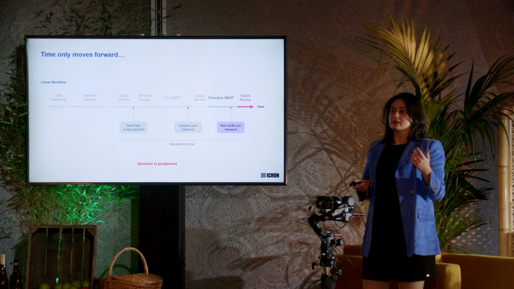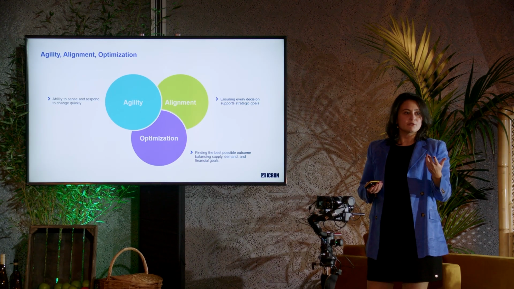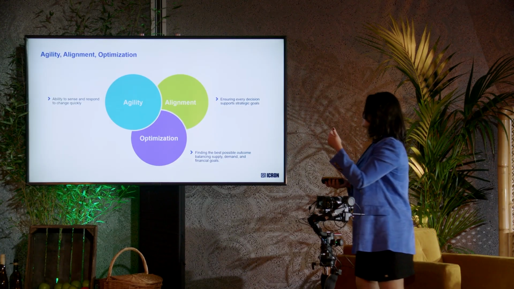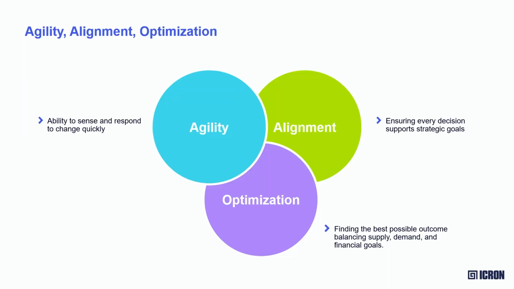So then what do we need? How are we going to do that? There, my three words come into play: alignment, agility, and optimization. So you need to be agile, sense and respond to the changes quickly and optimally while aligning with the company goals, strategic goals. It's very easy, right?